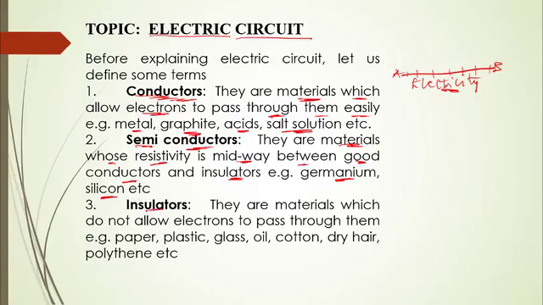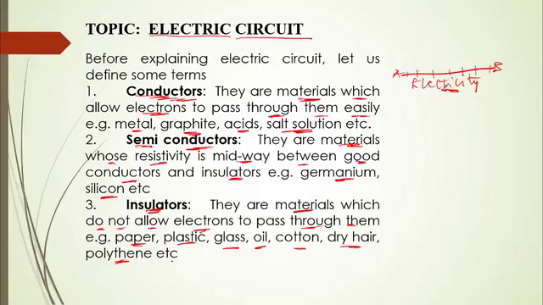And then finally, insulators. Insulators, put simply, are materials which do not allow the passage of electrons through them. Examples of such materials are paper, plastic, glass, oil, cotton, dry hair, polythene. These materials are made up of molecules that are resistant to the passage of electrons.